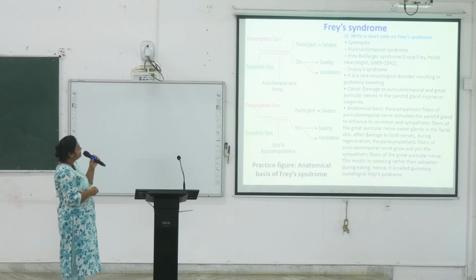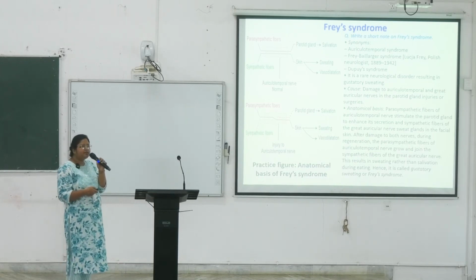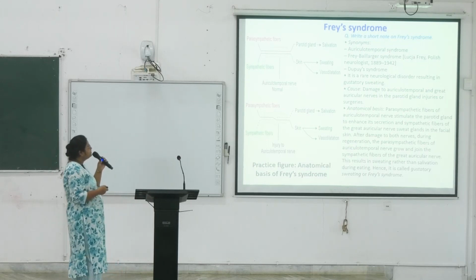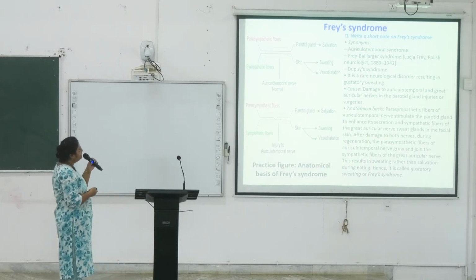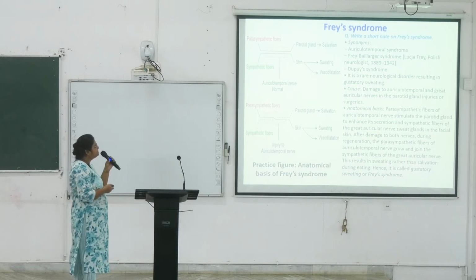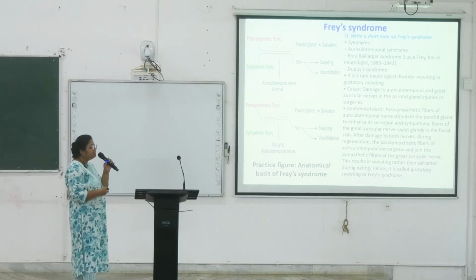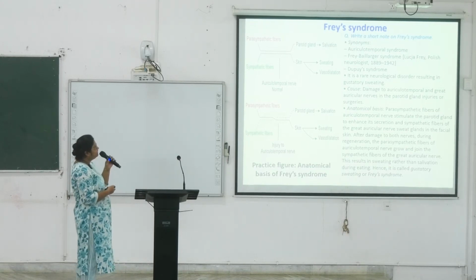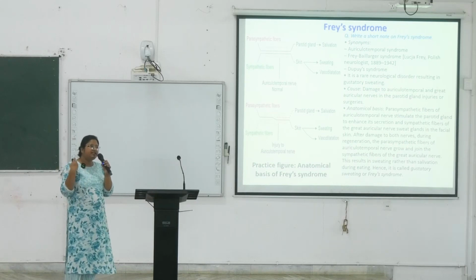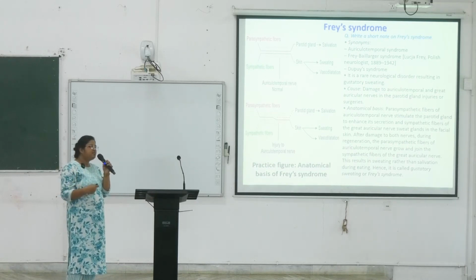Now, Frey syndrome, an important clinical question. It is also known as auriculotemporal syndrome, Frey-Baillarger syndrome and Dupuy syndrome. It is a rare neurological disorder resulting in gustatory sweating. When we eat food, generally salivary secretion occurs.